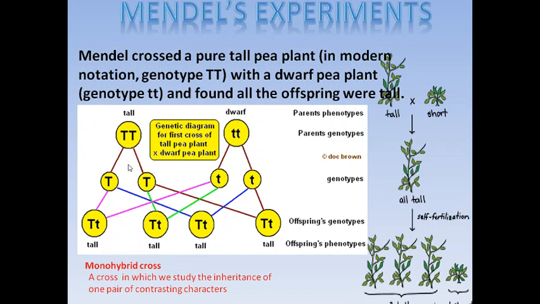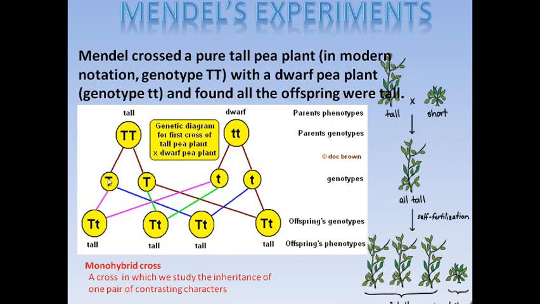Now at the time of reproduction, these parents produce gametes. In gametes, only half the number of chromosomes are present, so we consider only a single T as a gamete, or here a small t as a gamete. Now at the time of fertilization, these gametes fuse together to form a new individual.